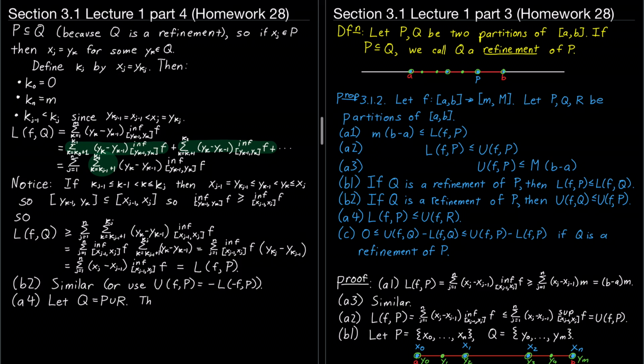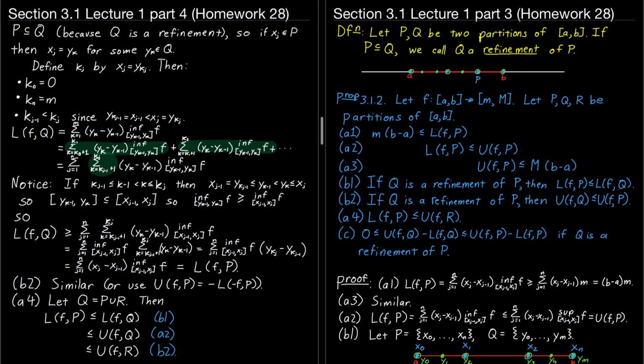Then we have that the lower sum of f over P is less than or equal to the lower sum of f over Q, and that is by part B1, which is less than or equal to the upper sum of f over Q, and that is by part A2, which is finally less than or equal to the upper sum of f over R, and that is part B2.